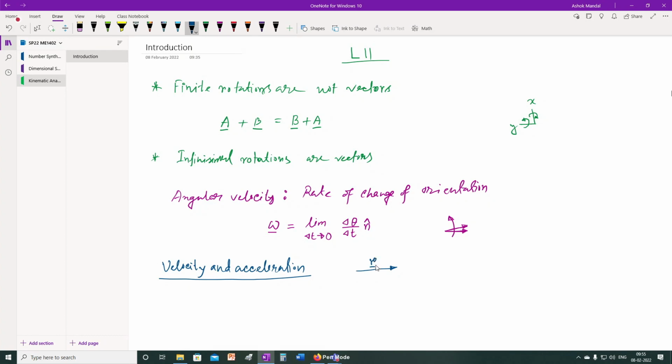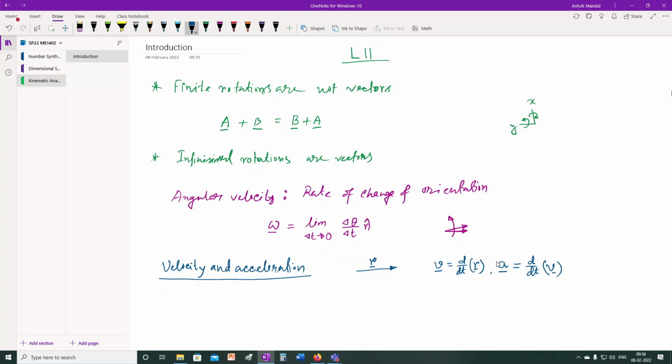Suppose R is a position vector, then the velocity, which is also a vector, is the derivative of this R vector. And acceleration, which is also a vector, is the derivative of the V vector.